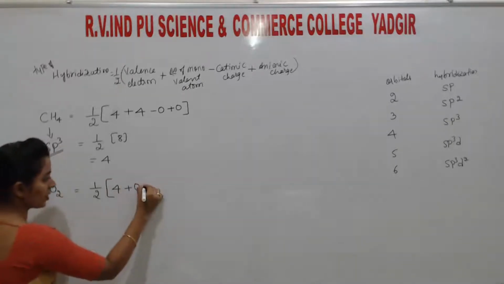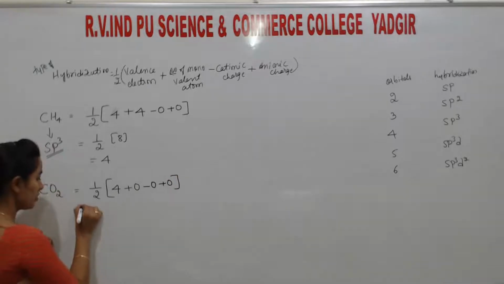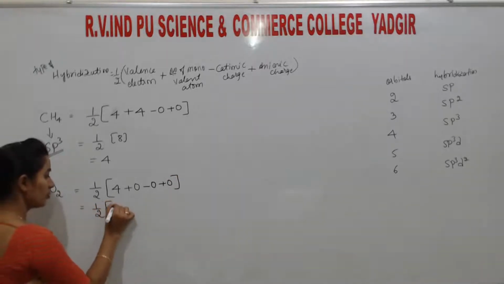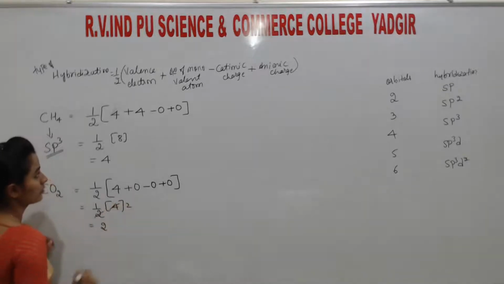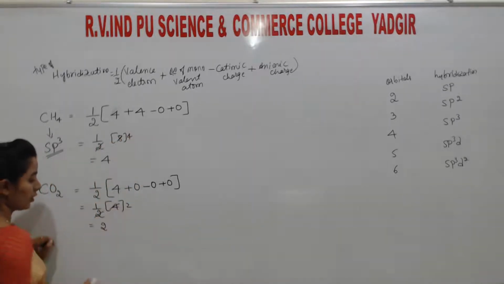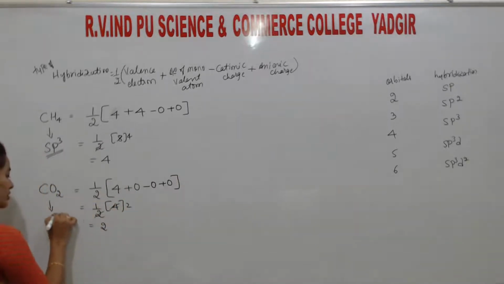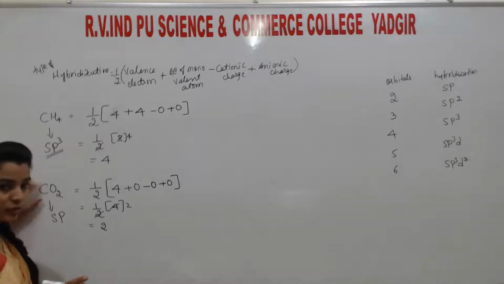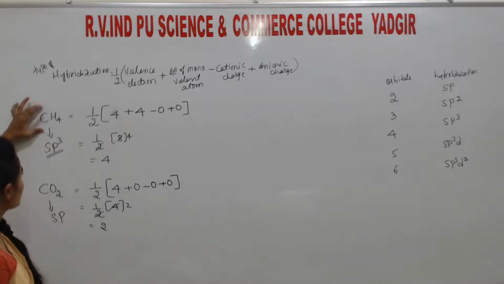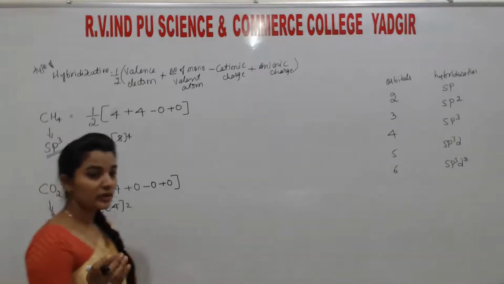There is no net charge, so minus 0 plus 0. So that is 1 by 2 into 4, that is 2. If 2 orbitals are there, the hybridization is sp. The hybridization of CO2 molecule is sp, CH4 molecule is sp3.